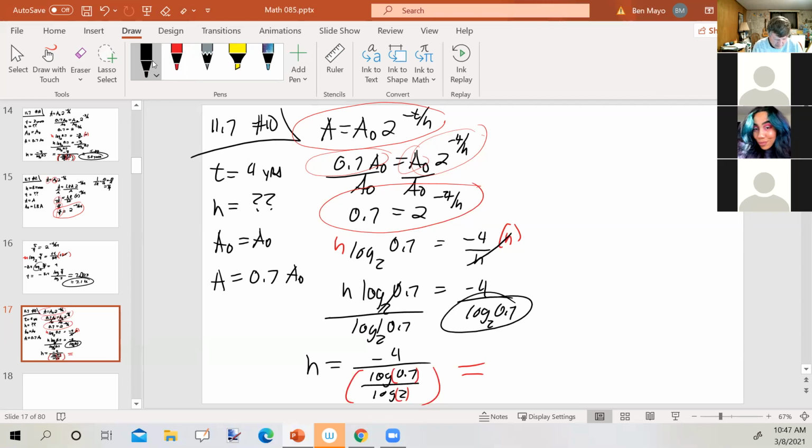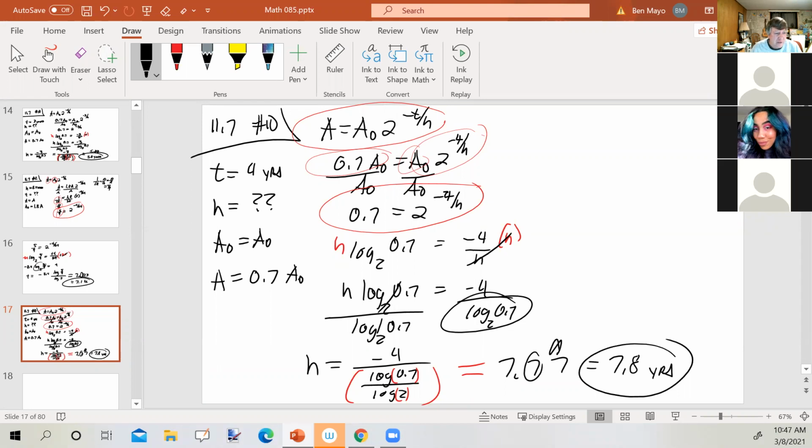So I get -4 divided by parentheses log 0.7, close that up, divided by log of 2, close that up, and then close up the whole thing. And I get 7.77, and it said round to 1 decimal place, so that would round up to 7.8 years. We okay with that?